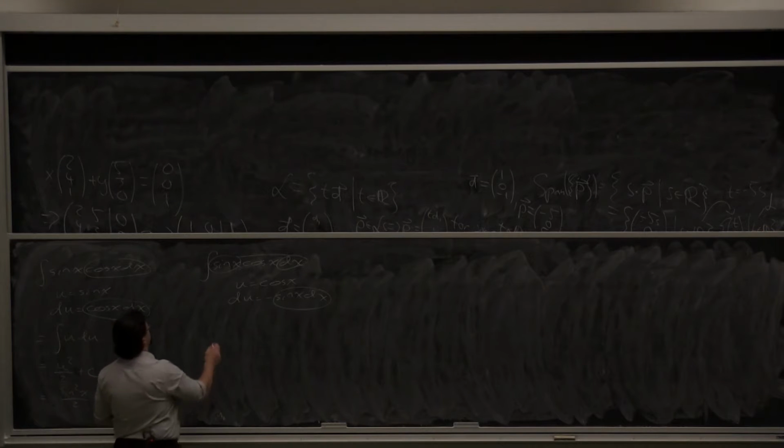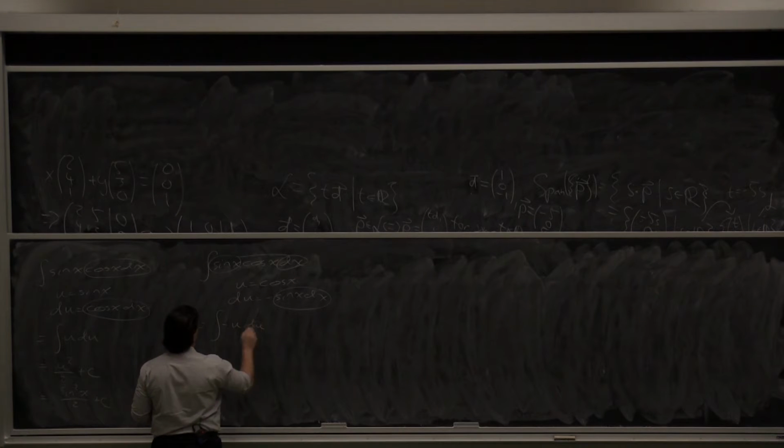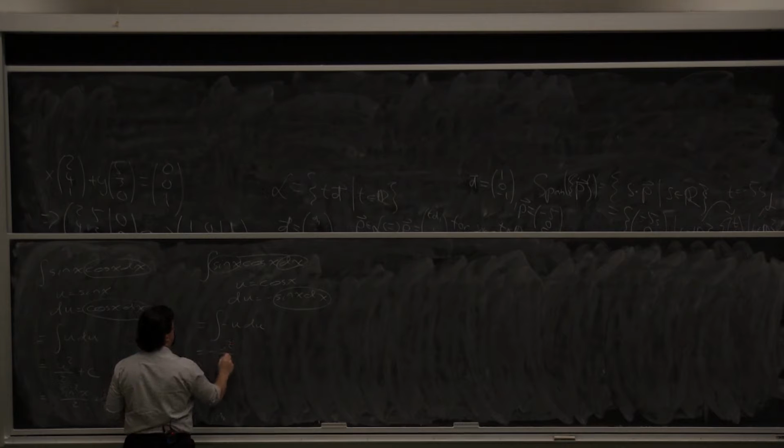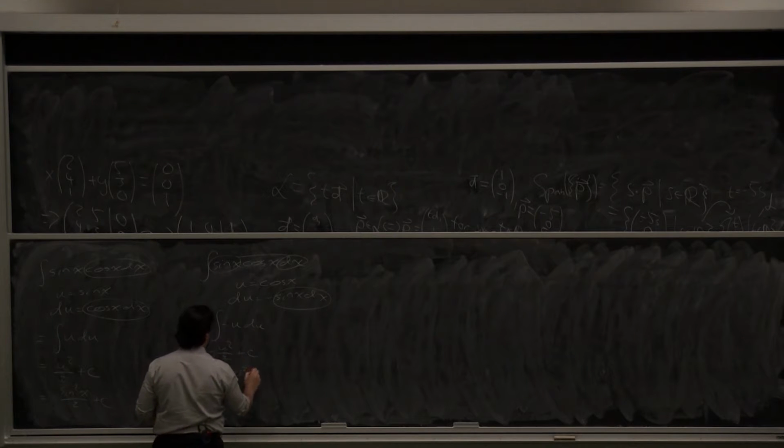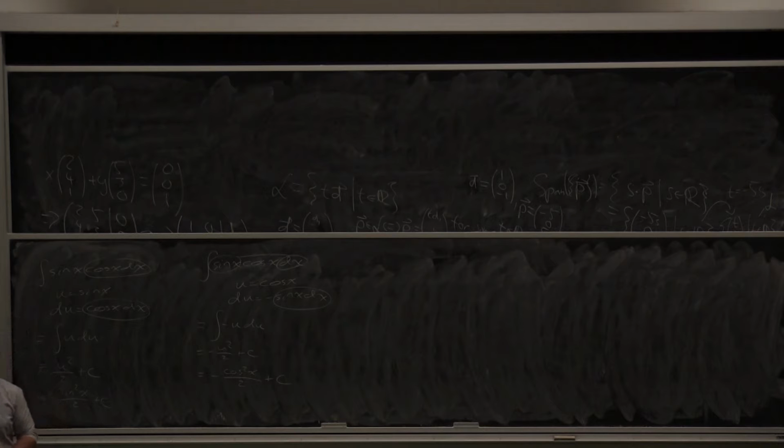But it is clearly slightly less nice than the example on the left. So over here, this is equal to the integral of negative u du, which gives us negative u squared over 2 plus a constant, which gives us negative cos squared x all over 2 plus c. Which is definitely not what we have over there on the left.